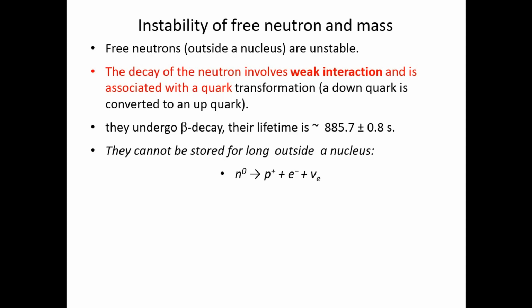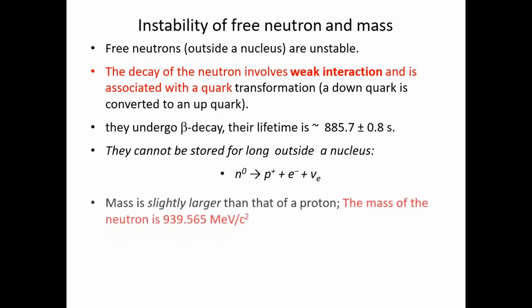It was not a discrete spectrum, and therefore it led to the discovery of this neutrino associated with this electron and the antineutrino.